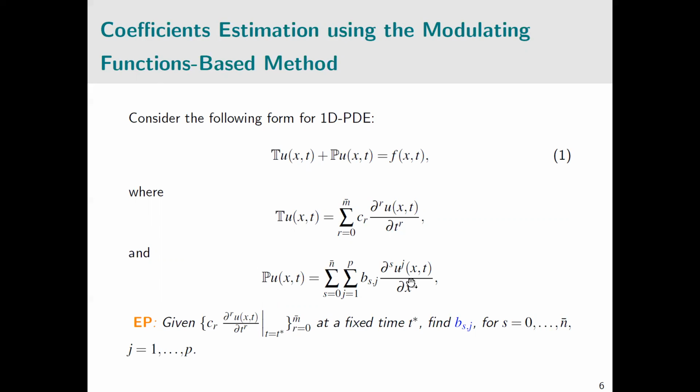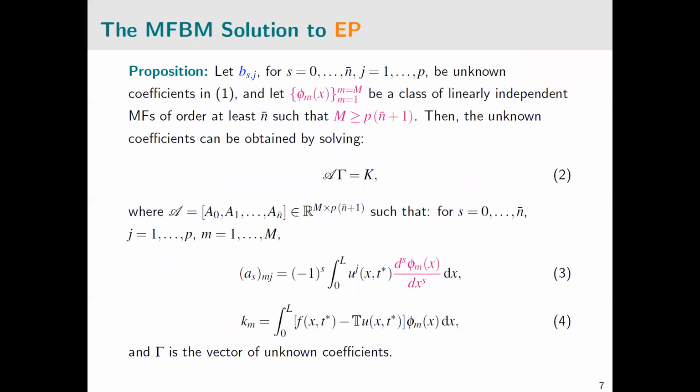The estimation problem we are focusing on is the following. Given the temporal derivatives at some fixed time instance, we would like to estimate all the spatial coefficients P_sj. And the modulating function solution for this estimation problem is given in the following proposition.